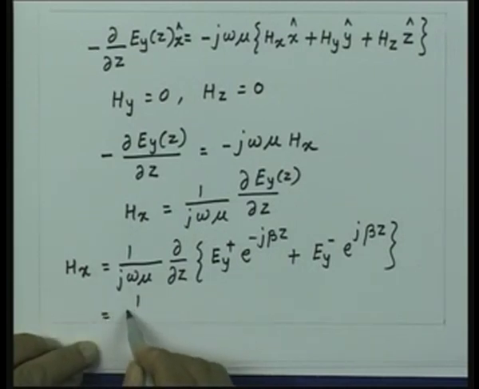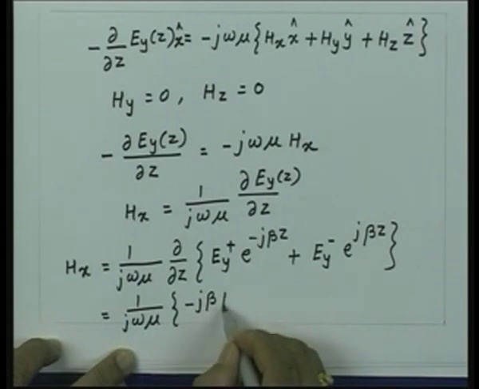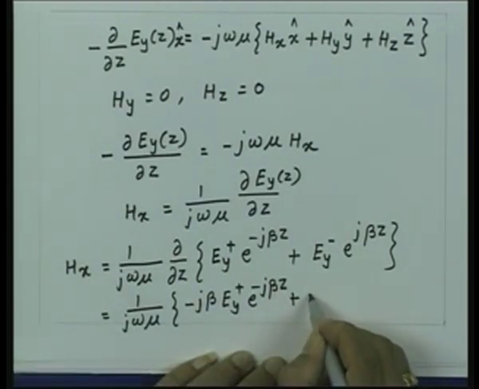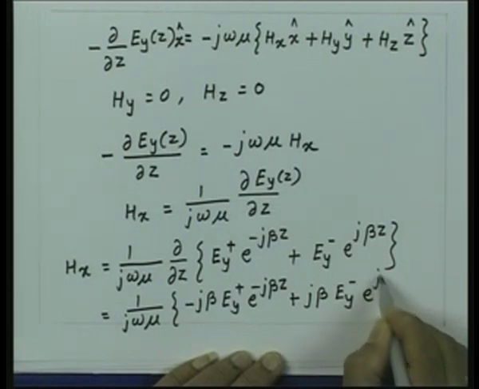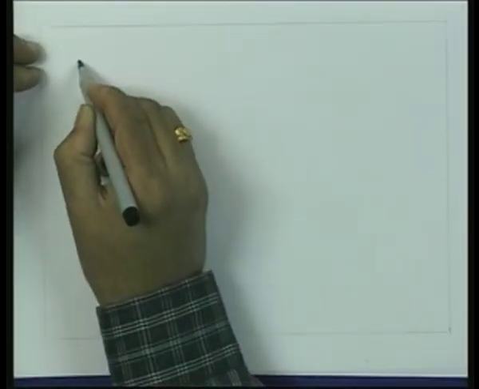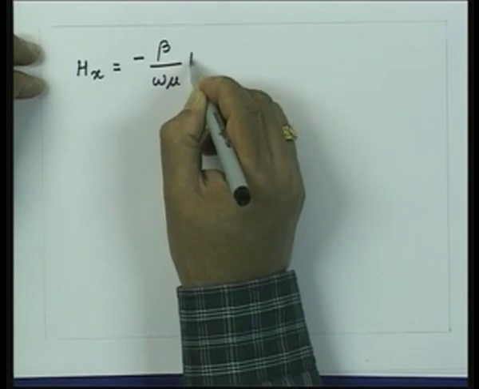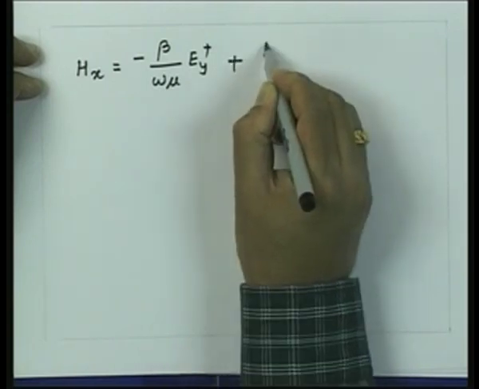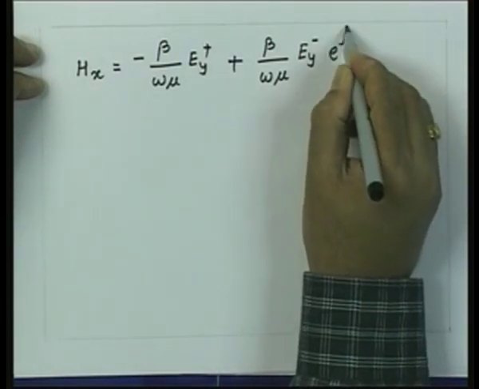So, that is equal to 1 upon j omega mu minus j beta Ey plus e to the power minus j beta z plus j beta Ey minus e to the power j beta z, which simplifying gives me h of x is equal to minus beta upon omega mu Ey plus plus beta upon omega mu Ey minus e to the power j beta z.